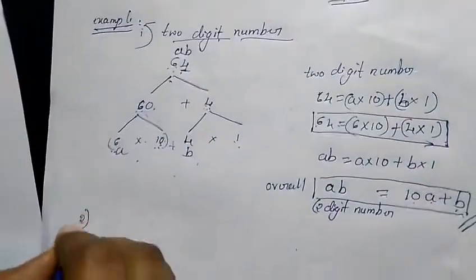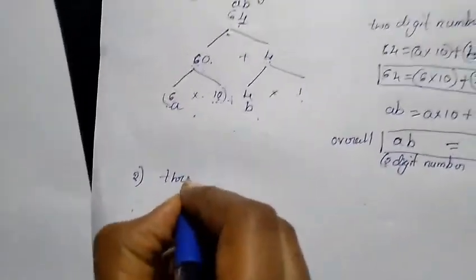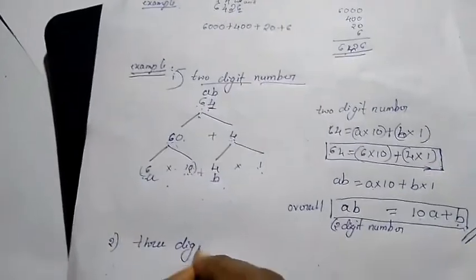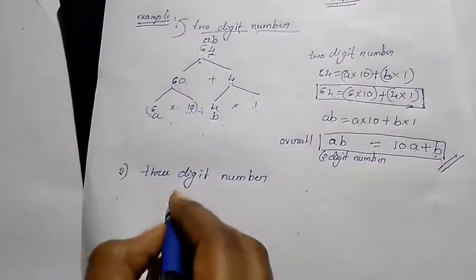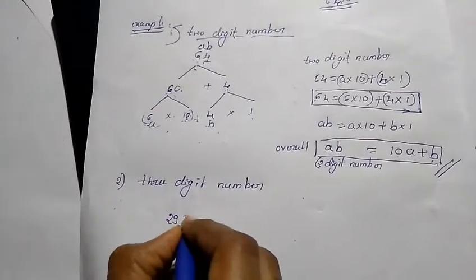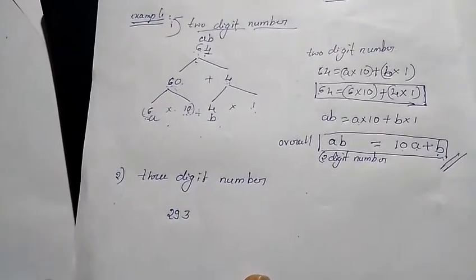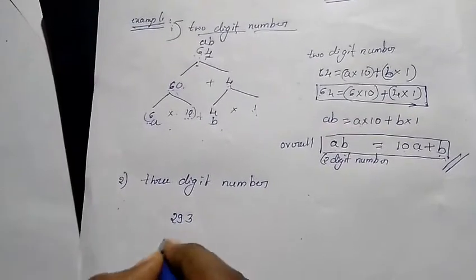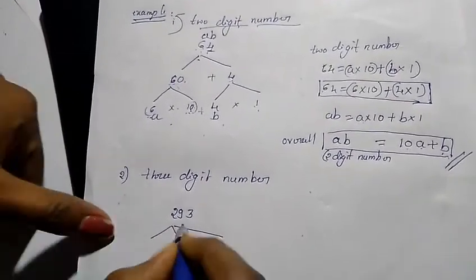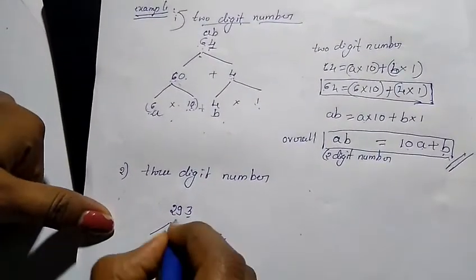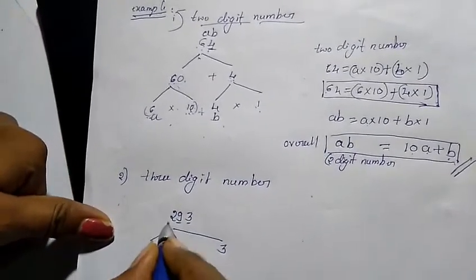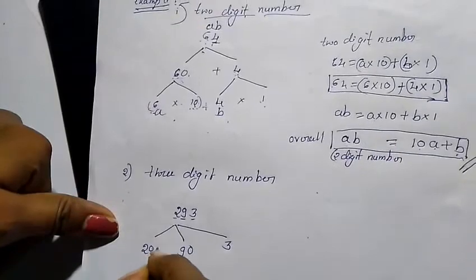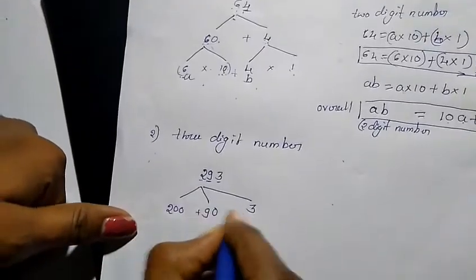Now we will consider another example, a 3-digit number. For example, take 293. This is a 3-digit number, so you have to split it into three parts. First is the unit place, 3. The second is the tens place, 90. The third is the hundreds place, 200. These are all additions.